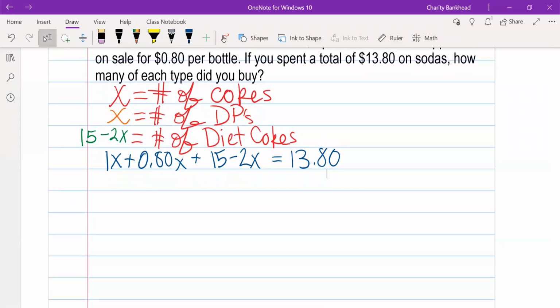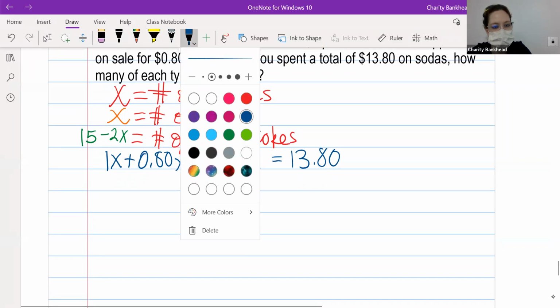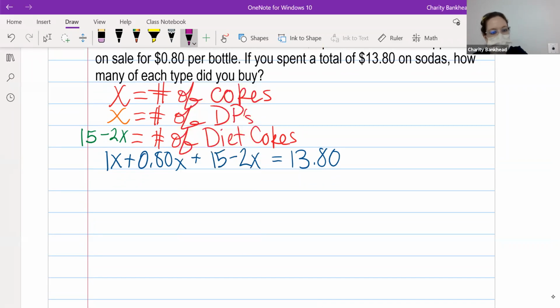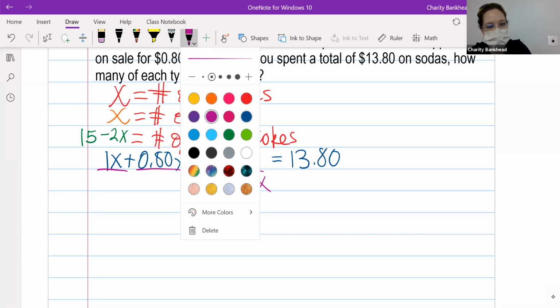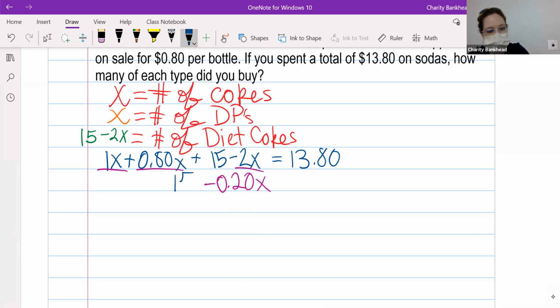All right, so we can combine the like terms. So 1 plus 80 cents minus 2, that would end up being negative 20 cents X. And bring the rest down, so 15 minus 20 cents times X equals $13.80.